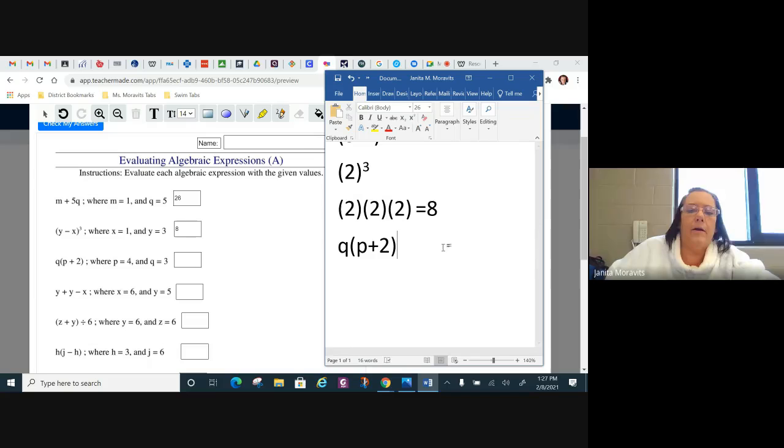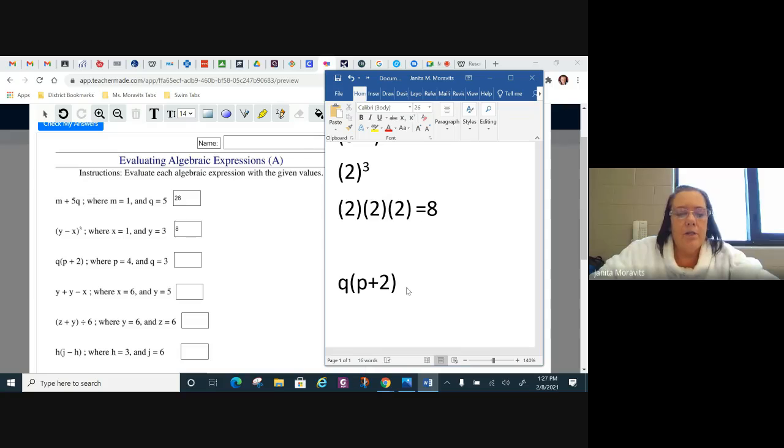On that one, Q is equal to 3 and P is equal to 4. So again, we're just going to substitute in. Everywhere there's a Q, we're going to put a 3. And everywhere there's a P, we're going to put a 4.